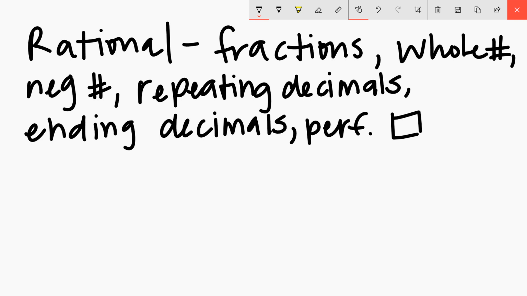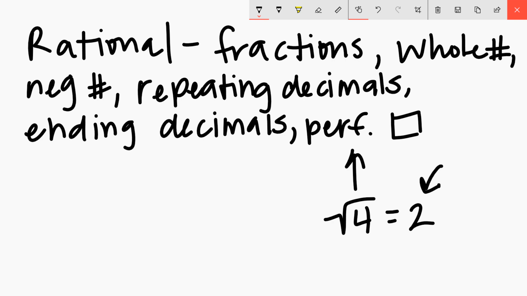To remember perfect squares, something like the square root of 4, I know that's 2, a perfect square, because there's nothing left over inside of my square root, and if you plug that into a calculator, you get just a whole number.